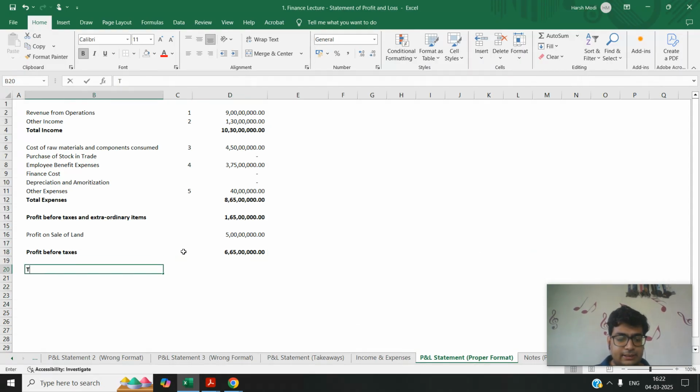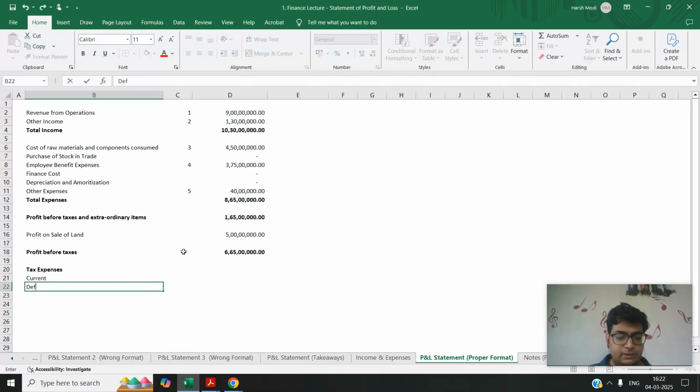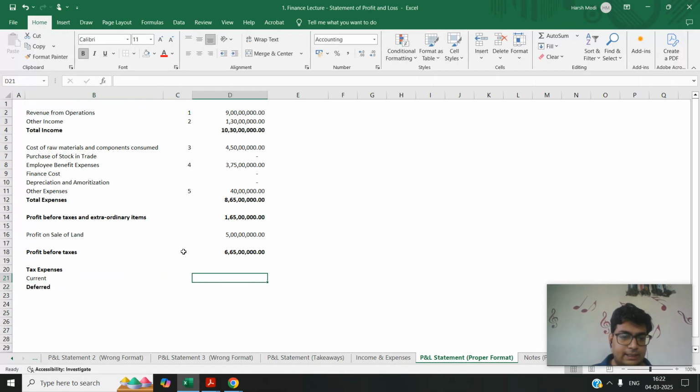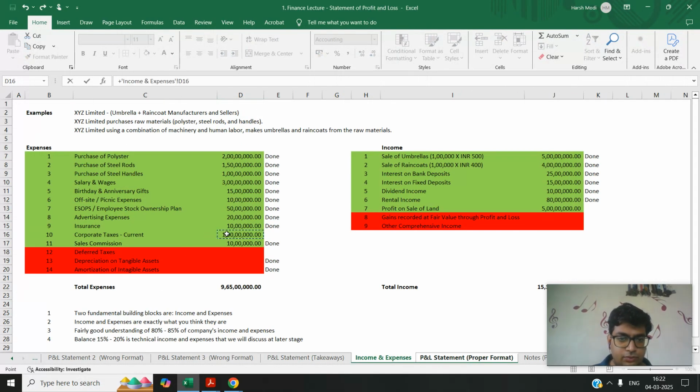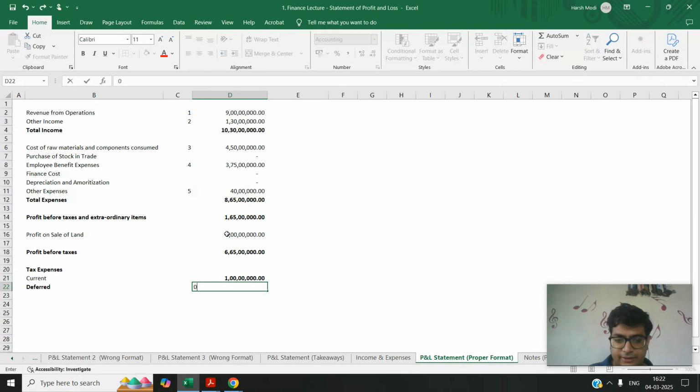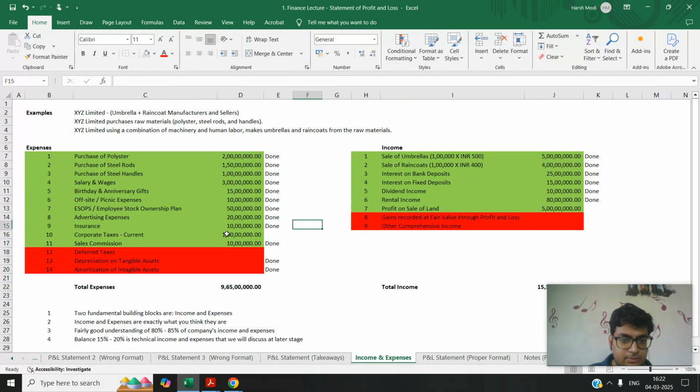So let me write here tax expenses, current, deferred, and our current tax is of course 1 crore. We do not have any deferred tax. We had written a heading here, but we don't have any amount next to it. Current tax is 1, and of course profit on sale of land is also done.